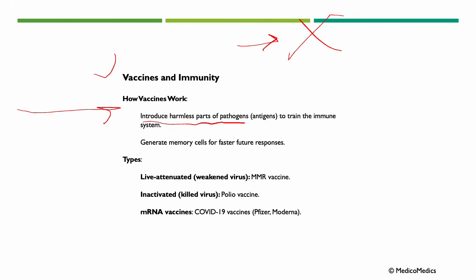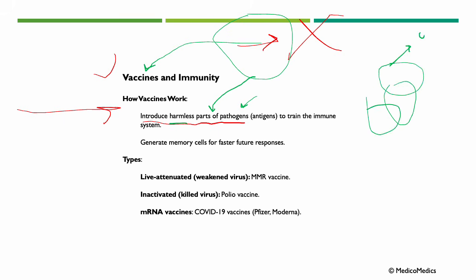With this knowledge of memory cells, what do we do in relationship to vaccines? Well, we manipulate the system by introducing harmless parts of this pathogen, of these antigens that are expressed on the pathogens, and we introduce them to our body so that our immune system recognizes them and starts producing antibodies to it.